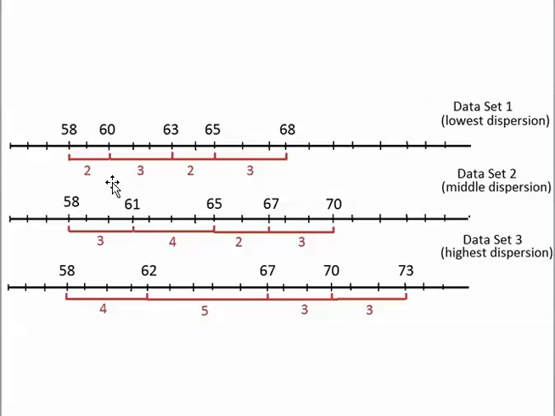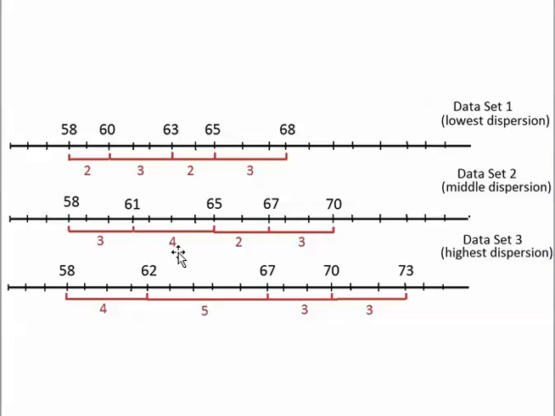So one way to think about this is that if you added these gaps between the numbers, these 4 numbers would add up to 10 for data set 1. If you added these 4 numbers, they would add up to 15 for data set 2, and these 4 numbers down here would add up to 9.